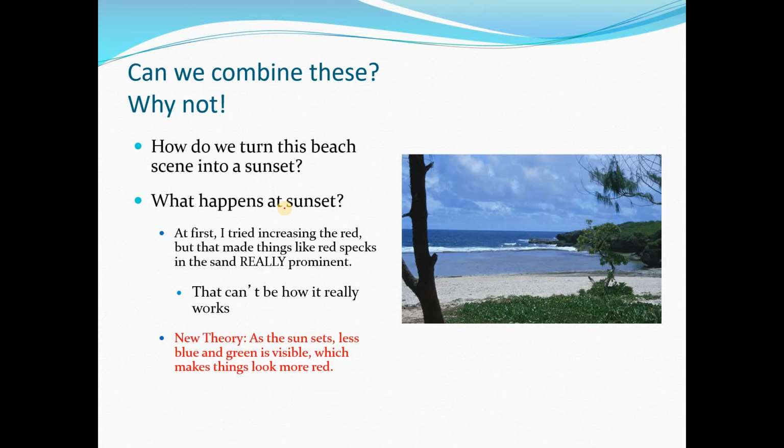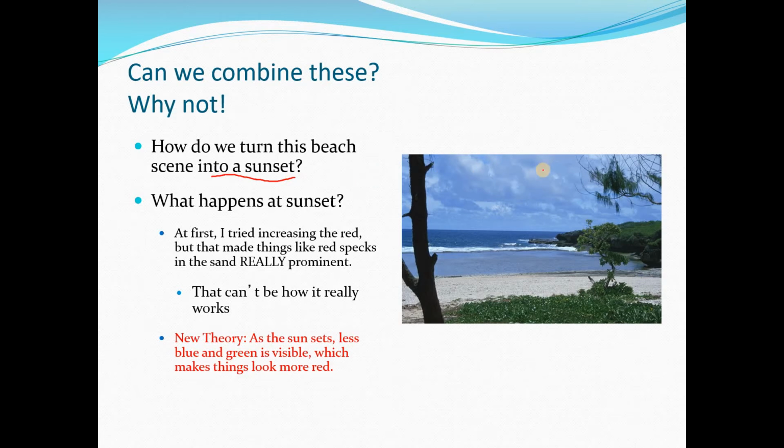When the sun goes down, you feel as if the sky becomes reddish. So if this is a picture of a scene on a beach, how can we make this scene appear as if it's sunset time, not the afternoon?